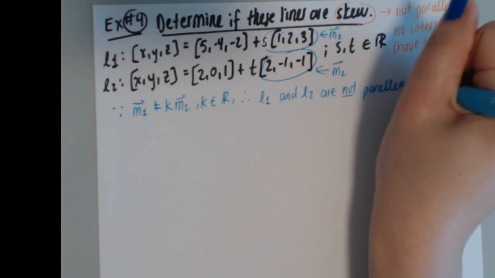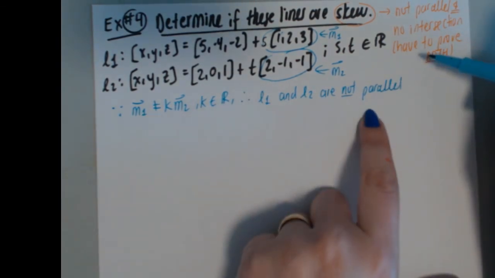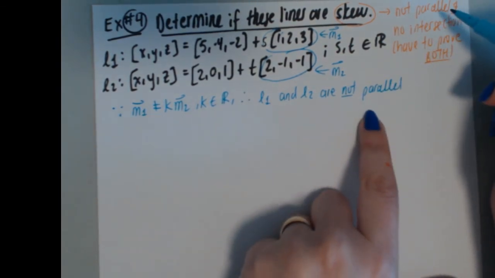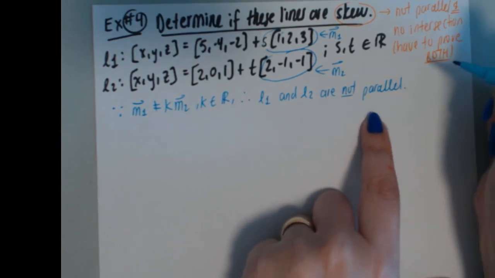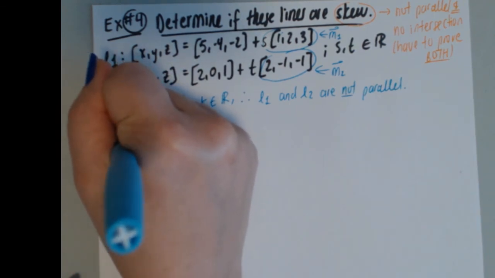This is the easier one to prove, right? So we have to prove that they're not parallel and there's no intersection. This is the fast one. Okay. So now we have to show that there's no intersection by comparing the S and T values for all 3 dimensions. I'm going to write that down too.